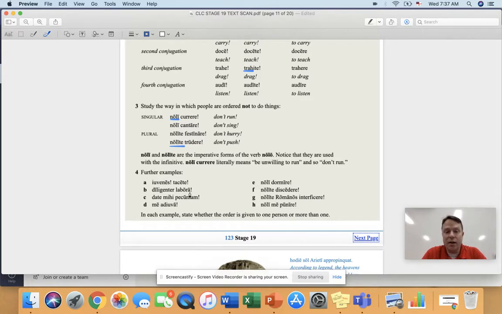Now, we know that word means to work. For labora, are we telling one person to work, or multiple people? If you guess singular, you're right. Do you know what the plural would be? Remember, we add that te to it. So laborate. Same thing with the rest of these.